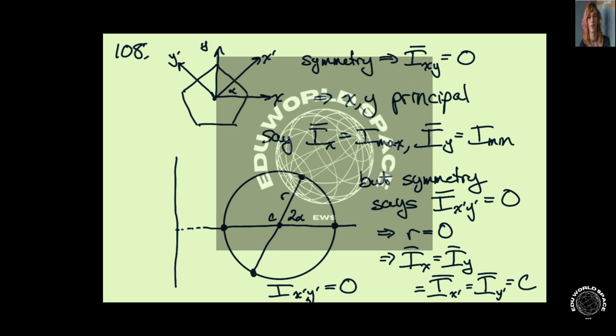Okay, so there are certain symmetries that appear in Mohr's circle, and they don't agree with these symmetries here. So then we have to have some constraints, and that constraint says that all axes that pass through the centroid are principal axes.